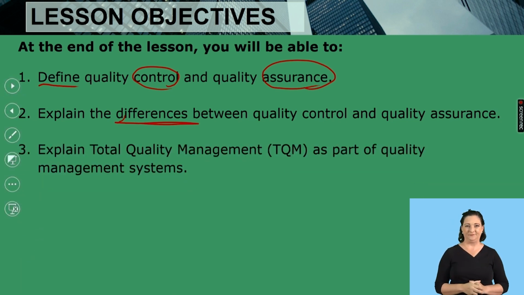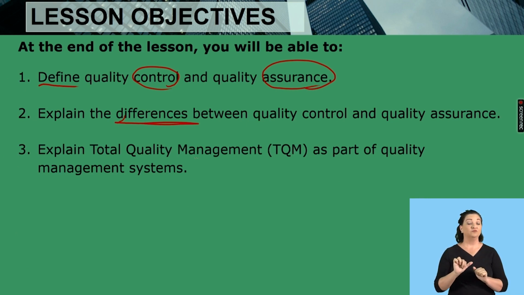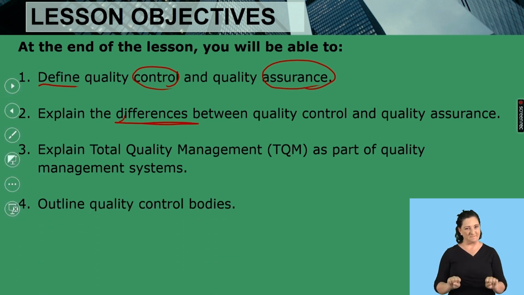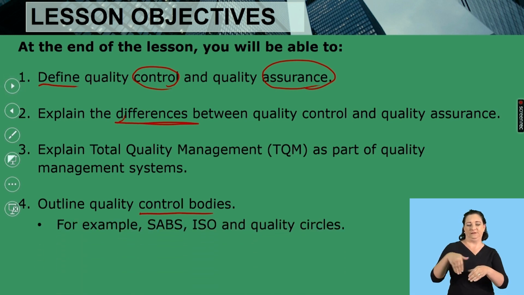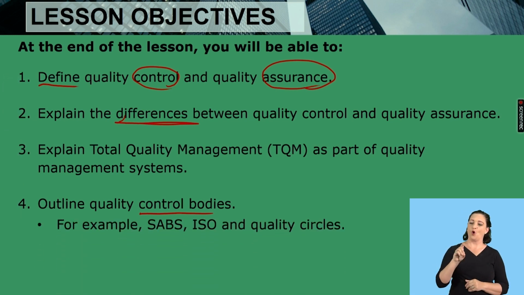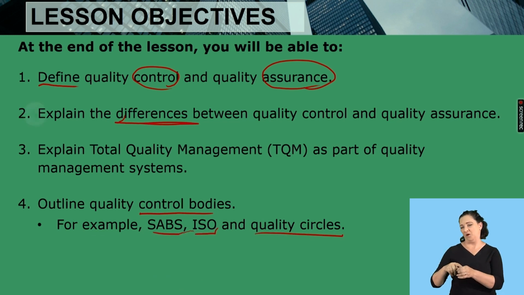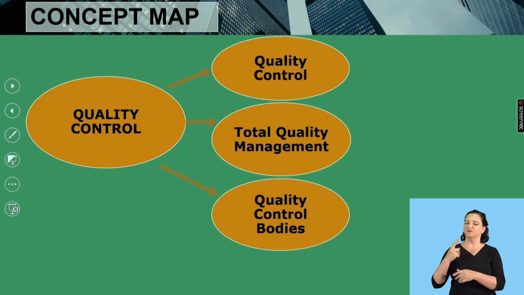You must also be able to explain total quality management as part of quality management systems. You must then also be able to outline quality control bodies. These quality control bodies are the SABS, the ISO, and quality circles, which we will discuss further in the lesson.